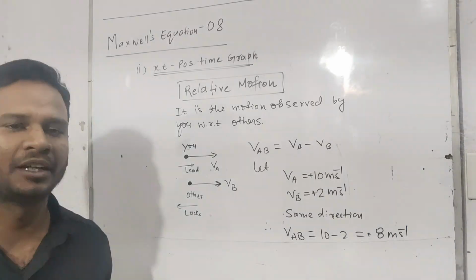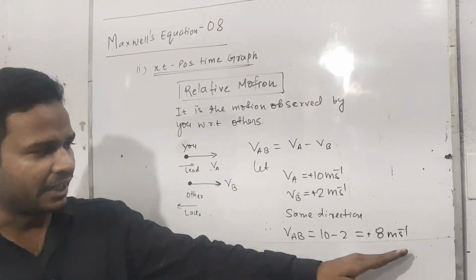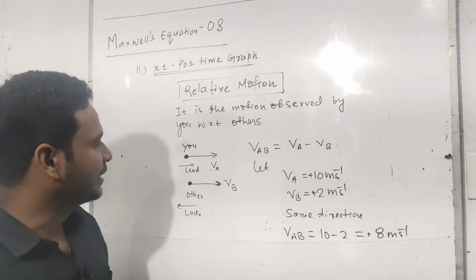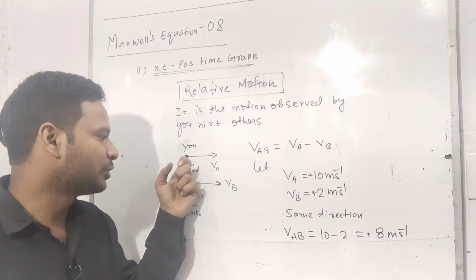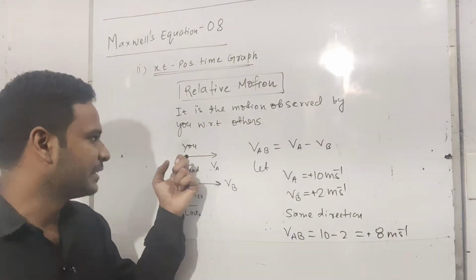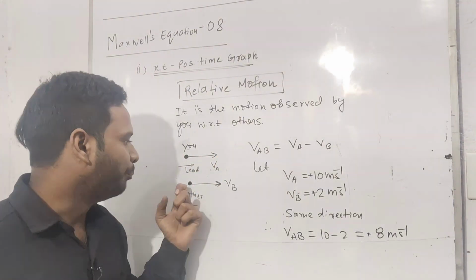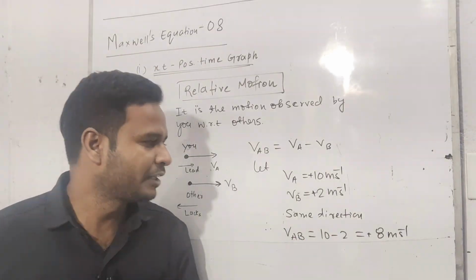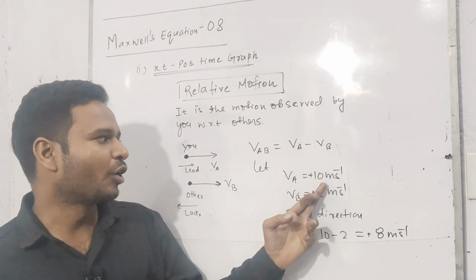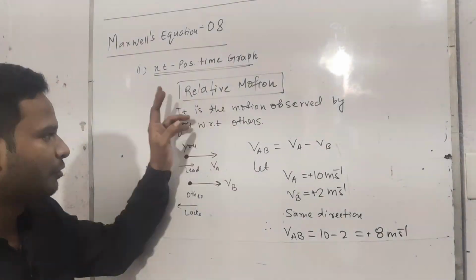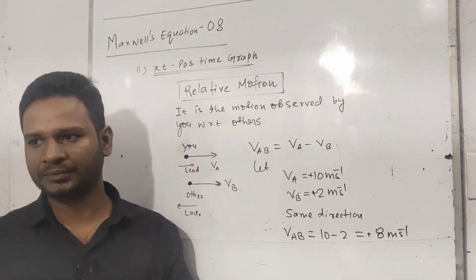What is the meaning of 8 meter per second? You are moving with velocity 10 meter per second, so what does this 8 meter per second mean? It means that you would see yourself leading B by 8 meter per second, not 10 meter per second. The 10 meter per second is your velocity with respect to the rest frame of reference, that is the road.